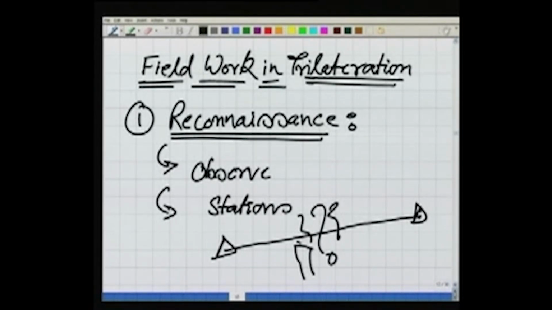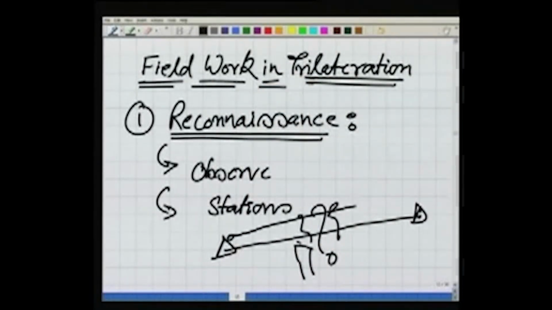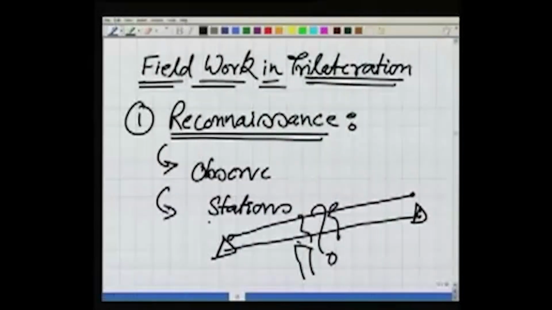We cannot sample it. Also, we should ensure that the line of sight or the laser pulse which we fire from here to the other target should be away from the ground. It should not graze the ground. So these are the things we should keep in mind in establishing our stations.